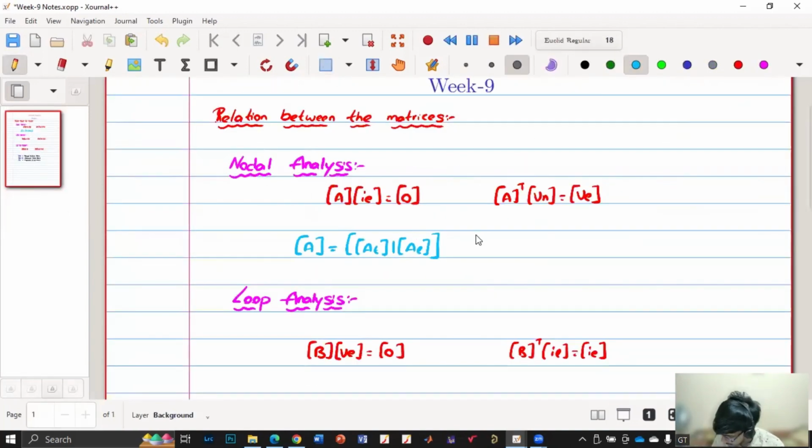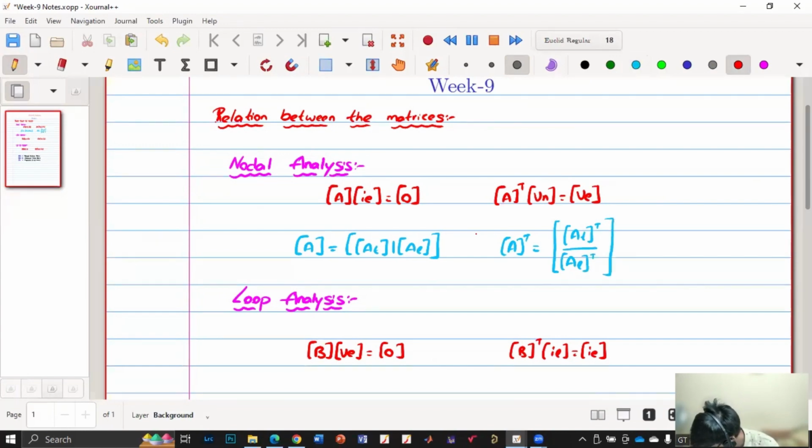So if I write A transpose, I can write it like a tall matrix, the top part being A twigs transpose and the bottom part being A links transpose. This line I'm mentioning here is not a division, just take note. It is just the separation between twigs and links.